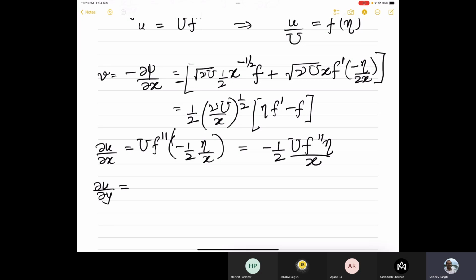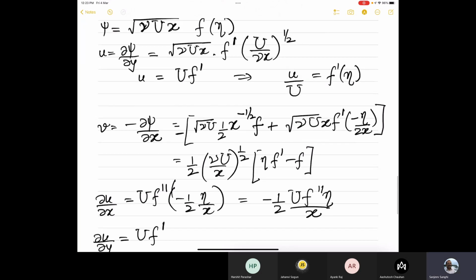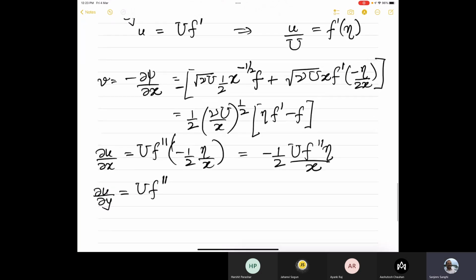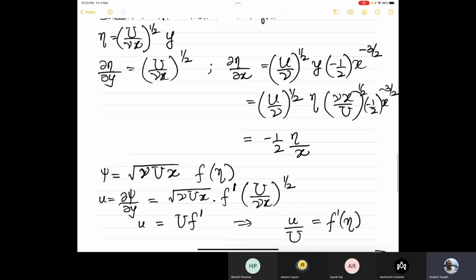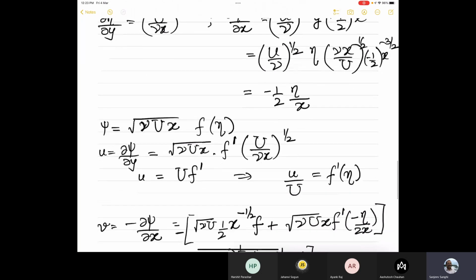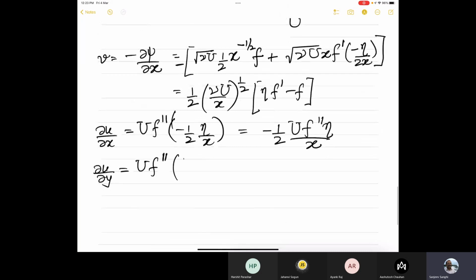Partial u by partial y. We need the second derivative actually. So this is equal to capital U times, there is f prime, so it becomes f double prime times partial eta by partial y. This partial eta by partial y is times capital U upon nu x to the power half.